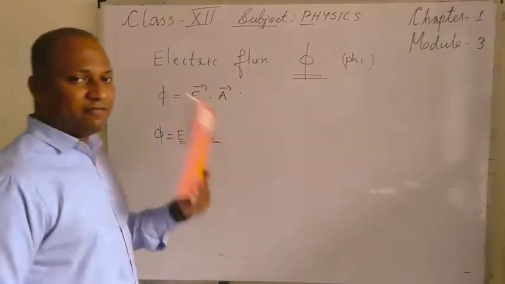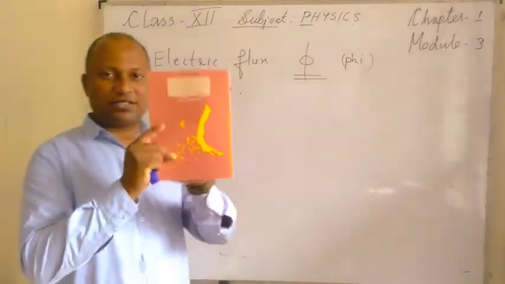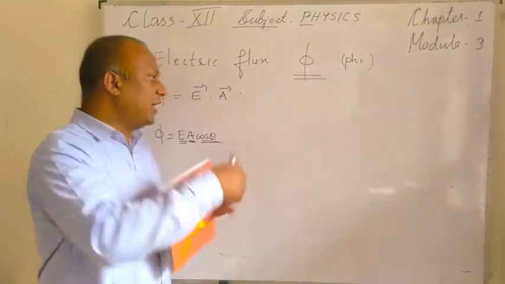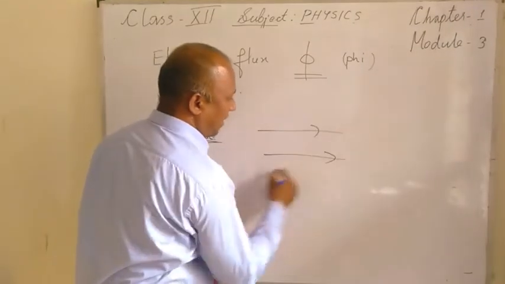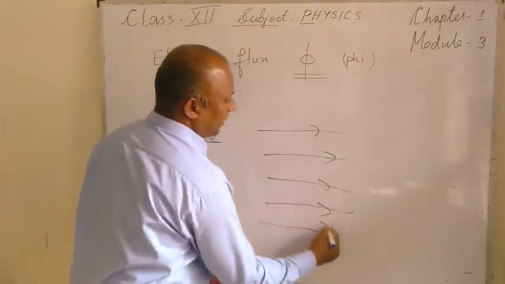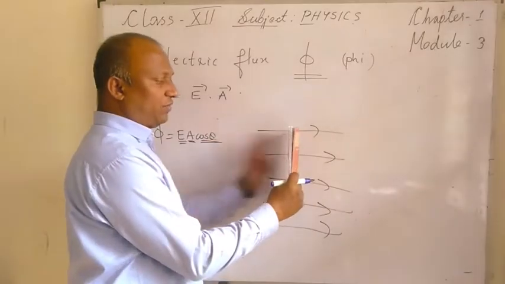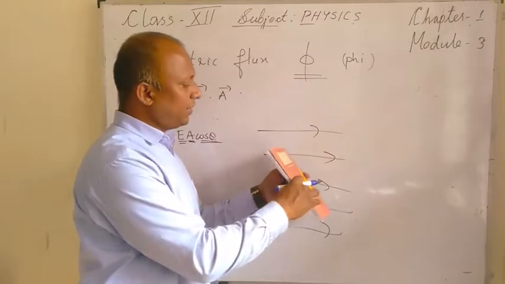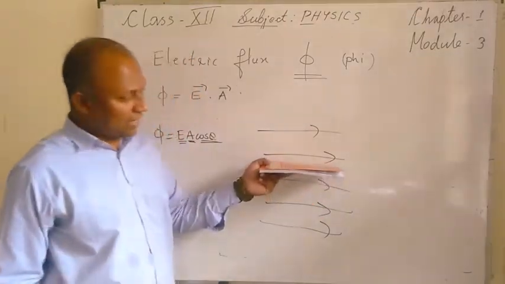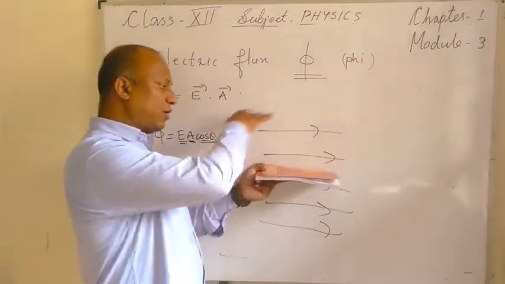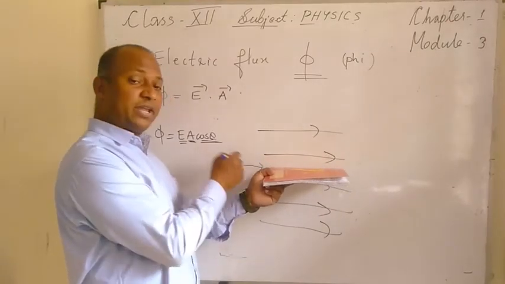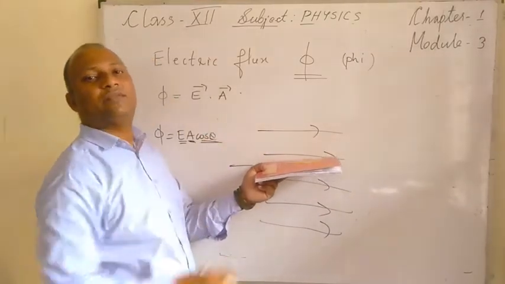Suppose I have a surface, and there are electric field lines like this. If I keep the surface this way, most of the electric field lines will penetrate through it. But if I keep the surface like this, what will happen? Most of the field lines are going up and down, and very few or no field lines will penetrate.